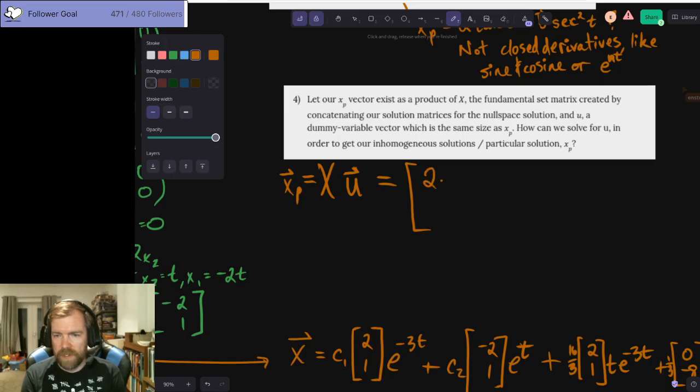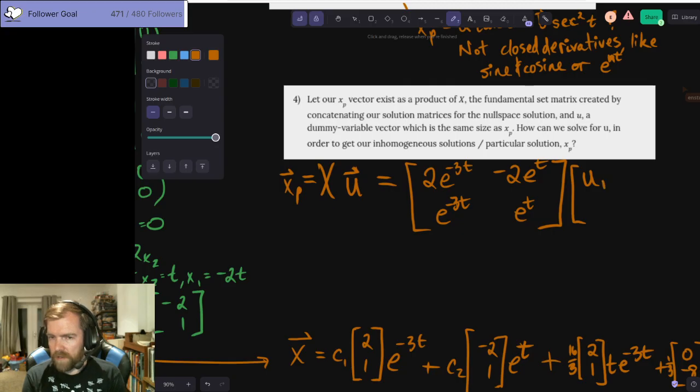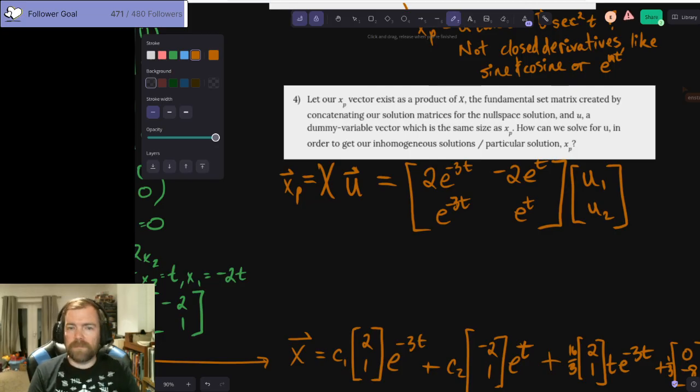So in this case, we had 2e to the negative 3t, and underneath it, e to the negative 3t. Over on the other side, negative 2e to the t, and e to the t, as the two columns. And then this is going to be u sub 1, u sub 2. And again, this is going to be our x sub p particular solution.